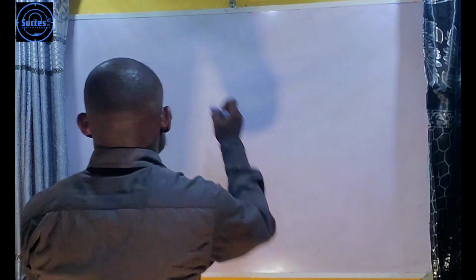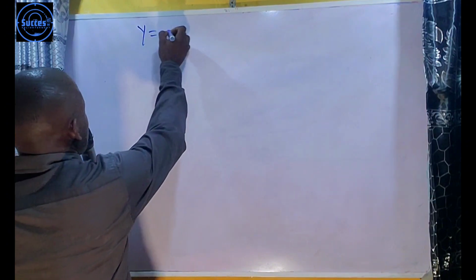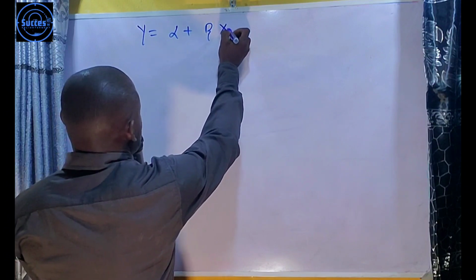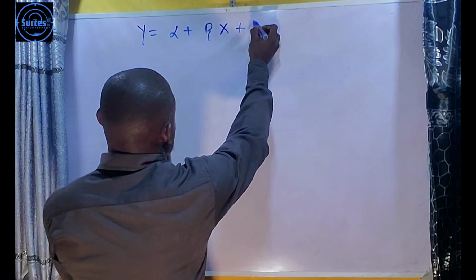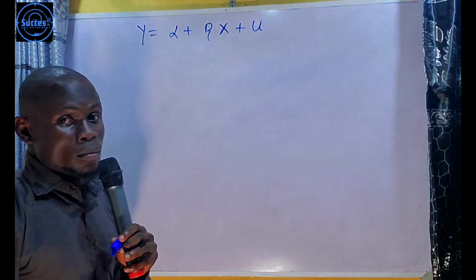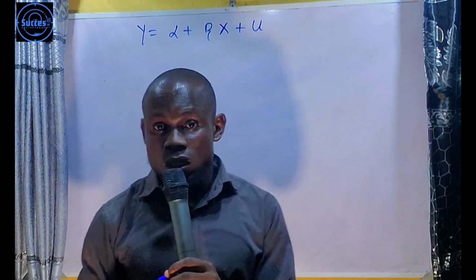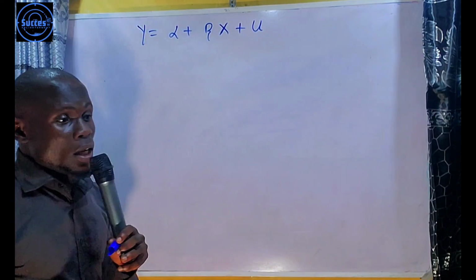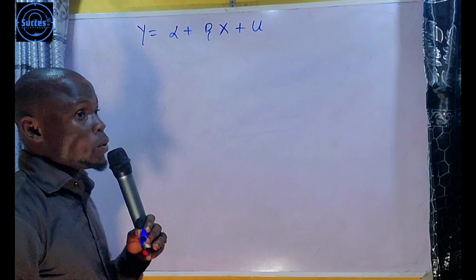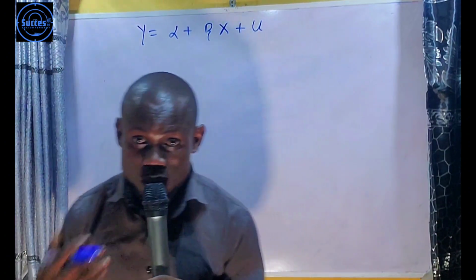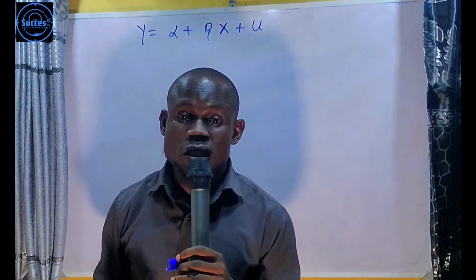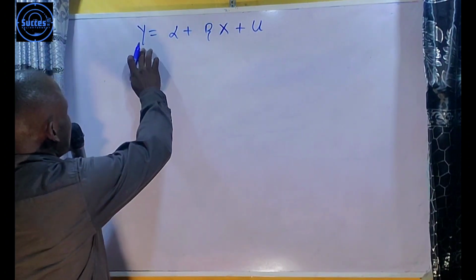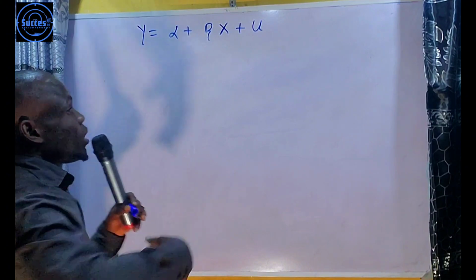When we talk of simple linear regression analysis, we have y equals alpha plus beta x plus our error term. This is capital letter Y, and this is capital letter X. Capital Y stands for the dependent variable, the variable that we are trying to study.